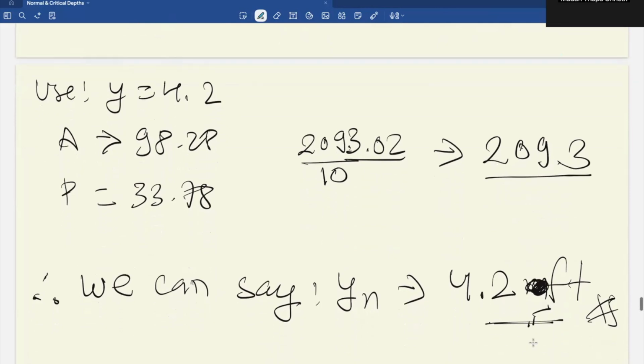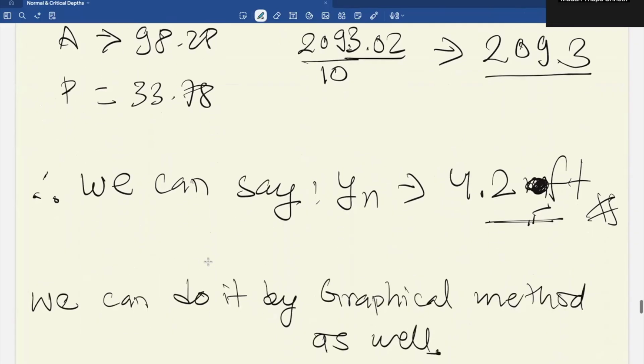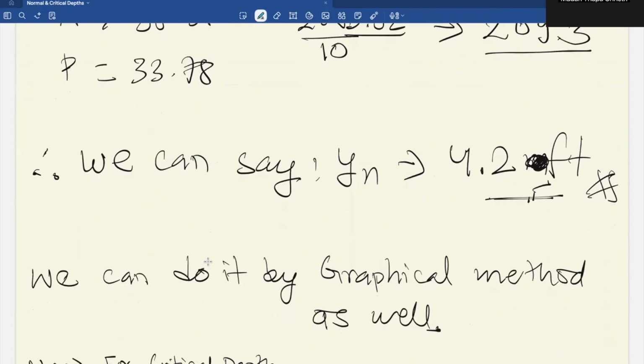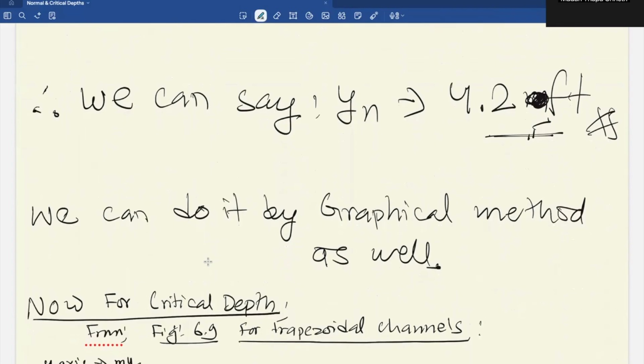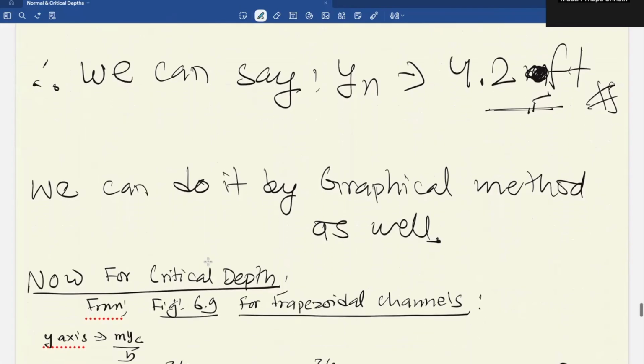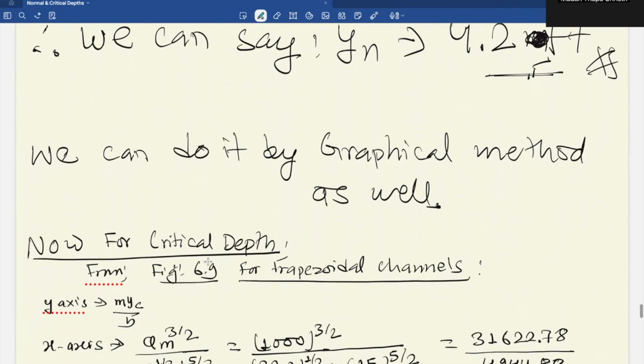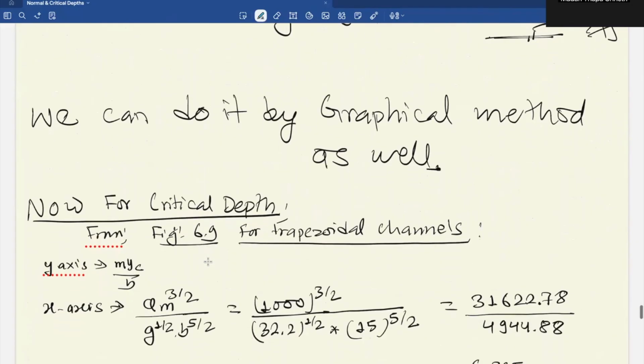Similarly, we can also use the graphical method for computing the normal depth here. I have not done it here, but it can be done. Now for critical depth, like I already talked about, we can use the graphical method, that is stated in figure 6.9 in the review section. I have used that, and the y-axis is equal to m times critical depth divided by b.